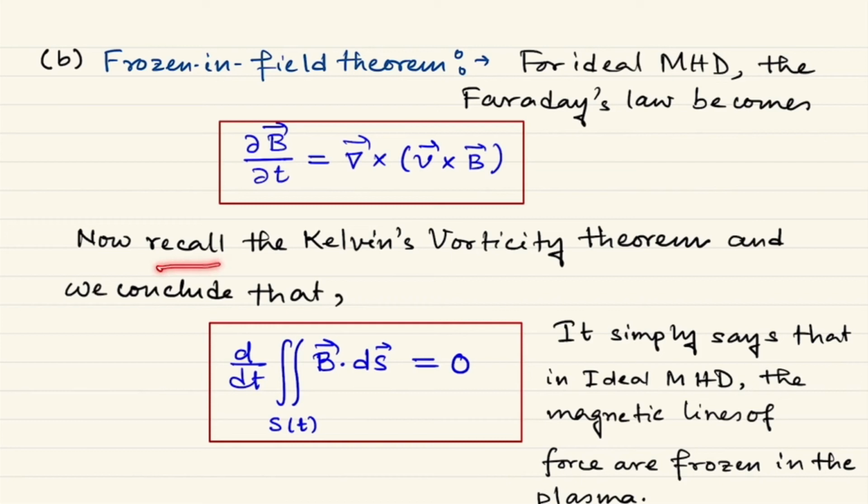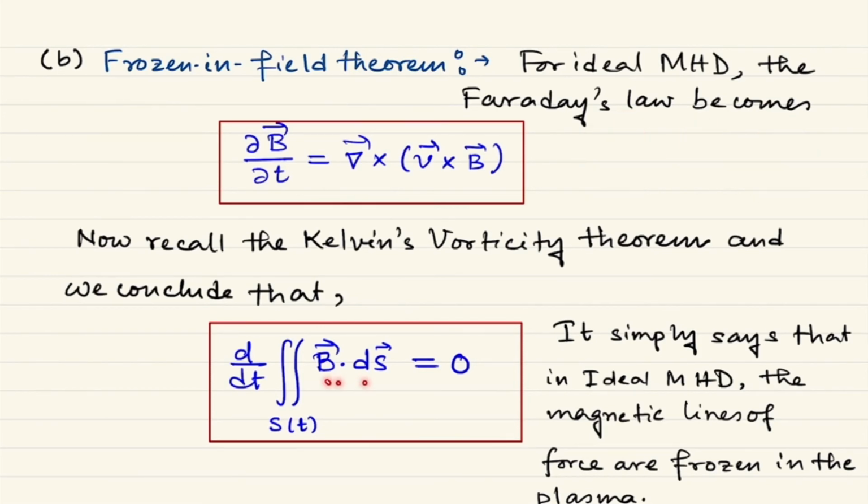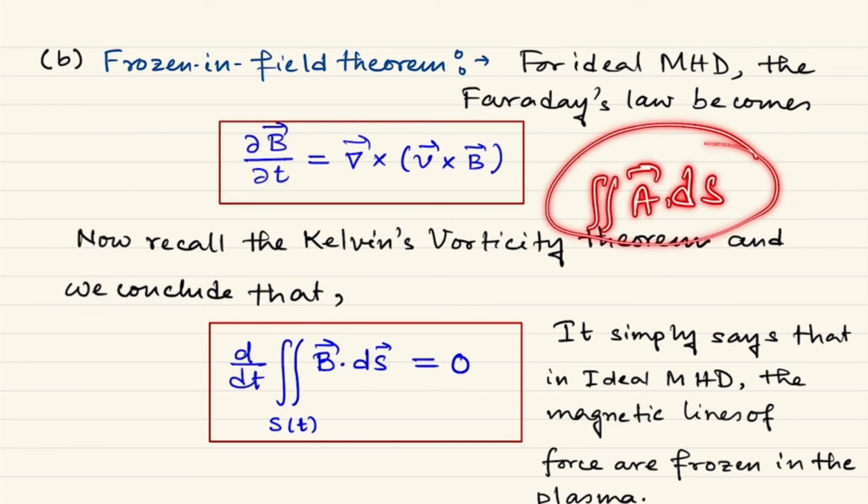And if we recall from our previous lectures, when we were talking about the different properties of ideal fluids, we talked about the Kelvin vorticity theorem, and we said that any vector field A, if it satisfies an evolution equation like this, where V is the fluid velocity, then this quantity will have an associated flux, A dot ds, which will be conserved along any surface inside the fluid.